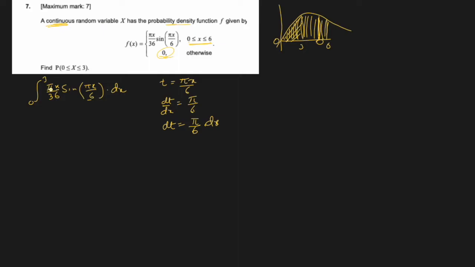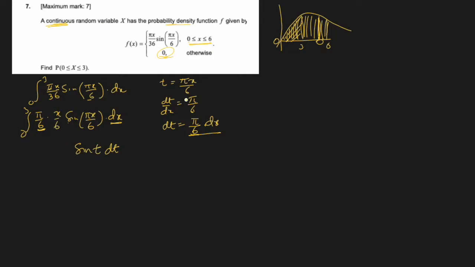Okay, so we have pi here, we have 36 here. Let's break it. So 0 to 3, we want pi over 6 alone, and what will be left? x over 6 and sine pi x over 6 dx. So this will become part of dt, this dx and pi over 6, because pi over 6 dx is dt. So let's write dt in place of this. Sine, and this angle we have already assumed as t, sine t.